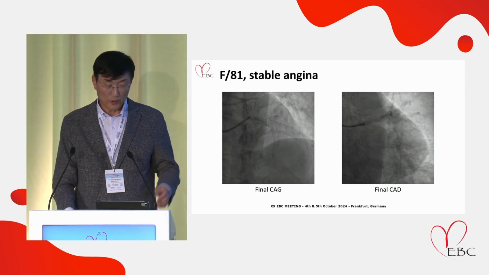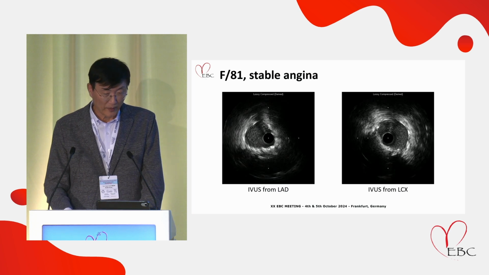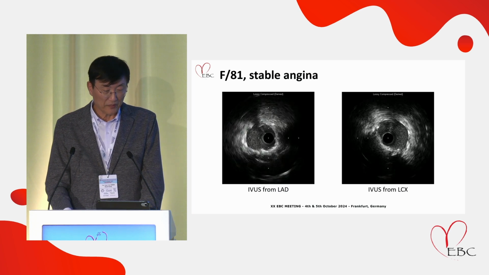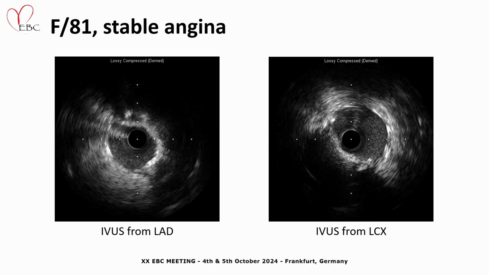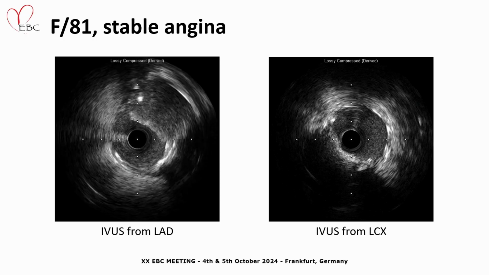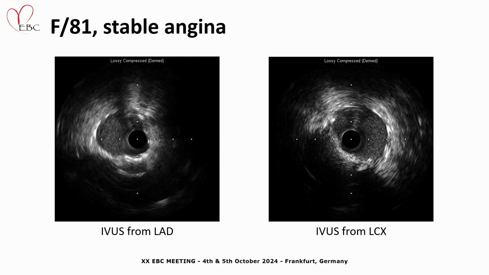The circumflex ostium is widely opened in this angiography. Looking from the LAD, the stent was well expanded and circular, and the stent carina is very short, less than 1 millimeter, with correct positioning.